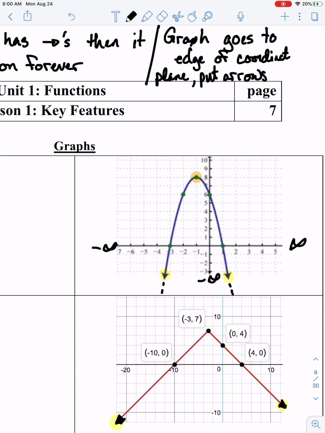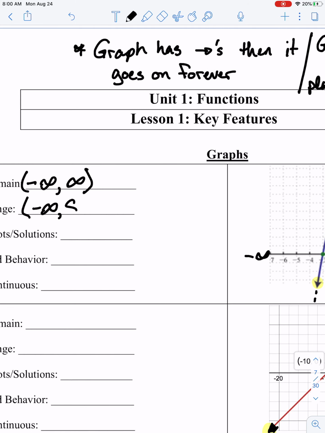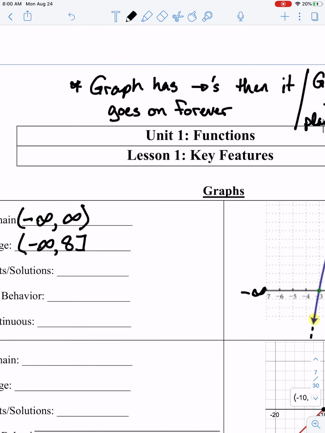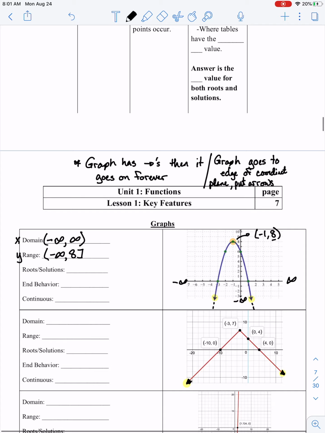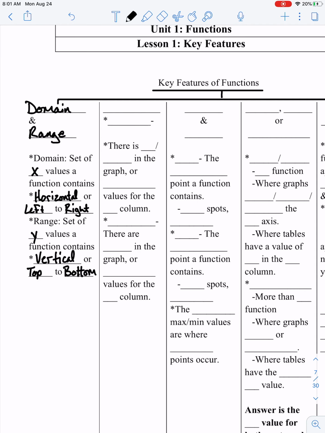So I would have to plot this point, and that's (-1, 8). And again, I want the y value, so 8. And because this dot is closed, it gets a bracket. Now going back up to the next key feature, we're going to talk about continuity.